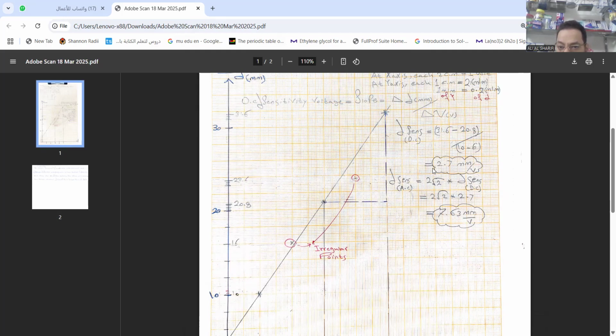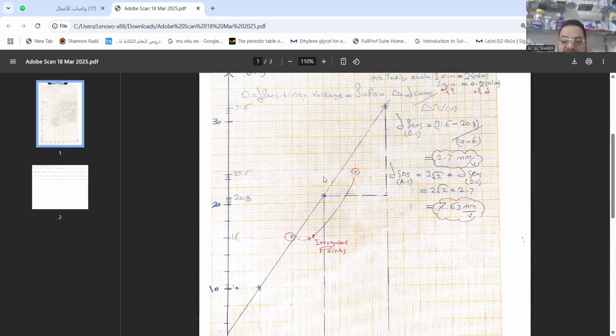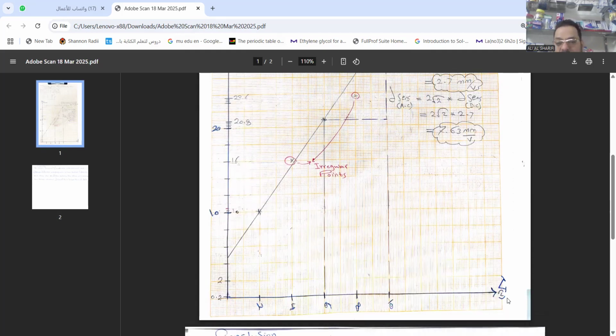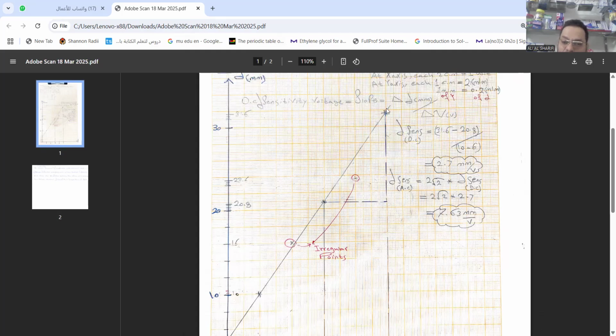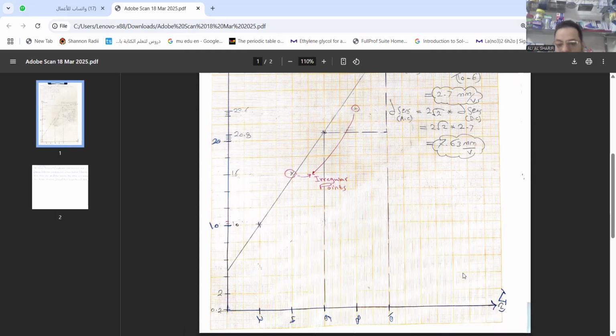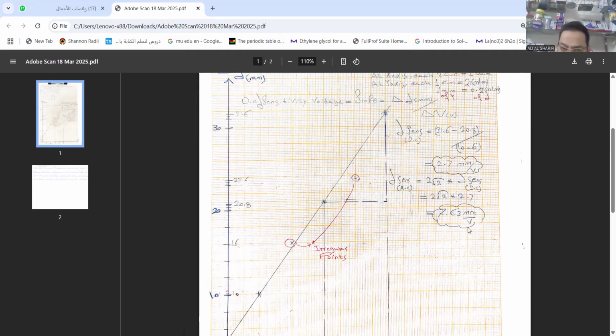Now, the deflection sensitivity equals deflection in millimeters divided by the voltage in volts. That's the same as the slope by using the triangle rule, because the slope here equals deflection divided by voltage. By that, I can say deflection sensitivity equals slope.